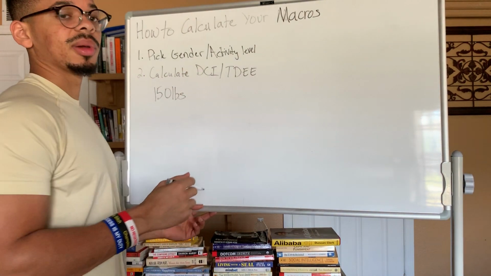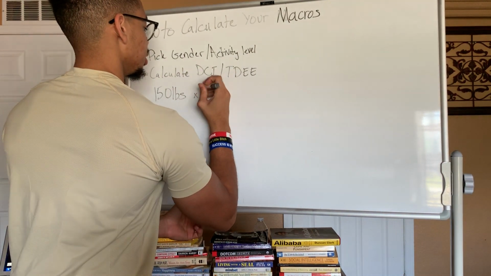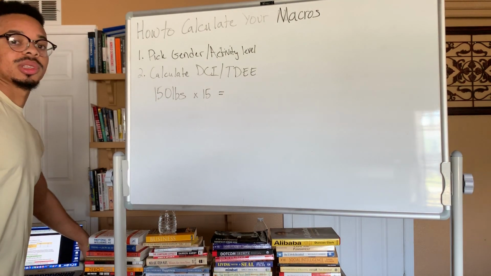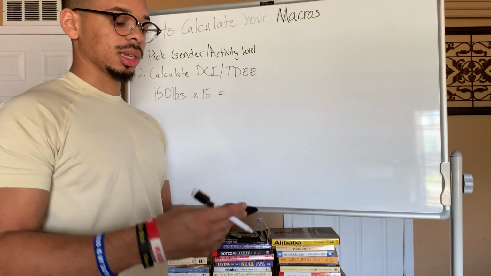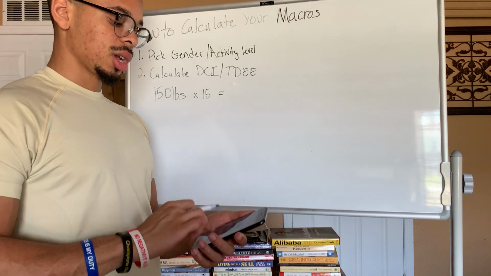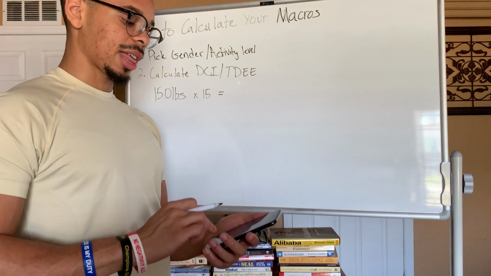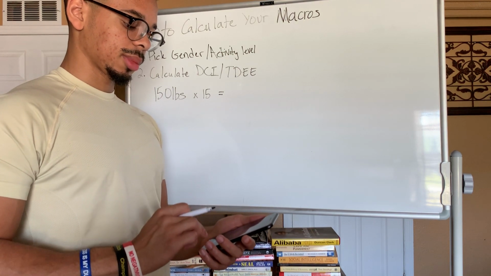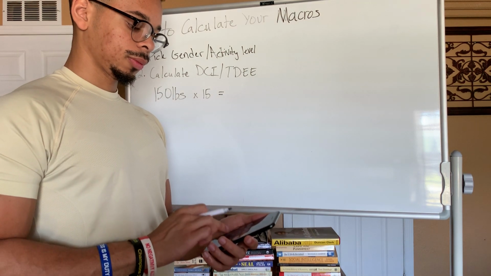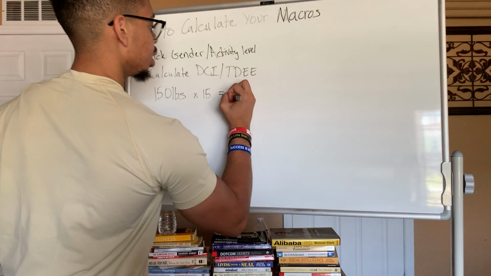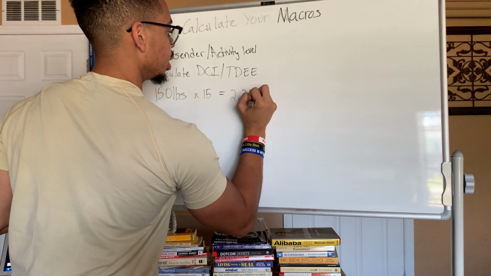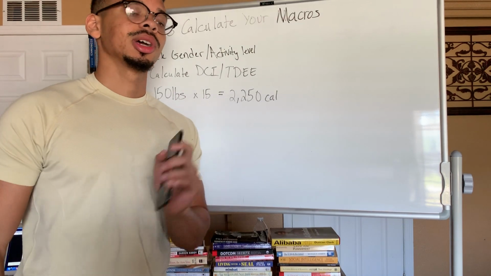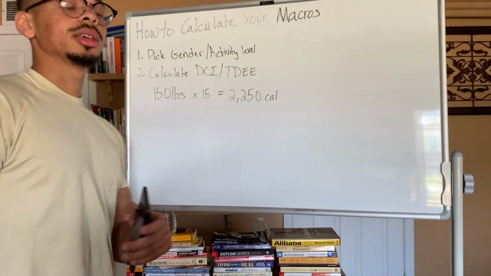So he'd multiply his body weight times 15. And then what we get after we multiply this number is his total daily energy expenditure, or in other words, how many calories he should be consuming on a daily basis. Well, I'm getting a number. So it would be 2,250 calories. That's how many calories he would need to consume on a daily basis to maintain that weight and that physique.